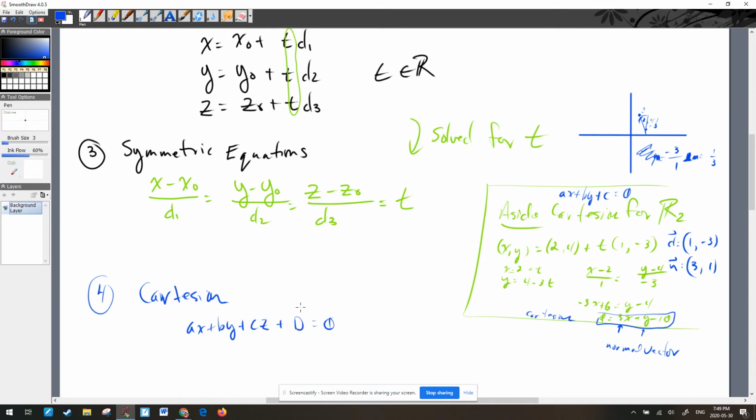And here's the interesting thing. This actually is a Cartesian equation of something in R3, but it is not the Cartesian equation of a line in R3, because theoretically these coefficients should form a normal. And I just want to make sure we know normal means it's perpendicular to. So this should, in theory, be normal to the direction vector.